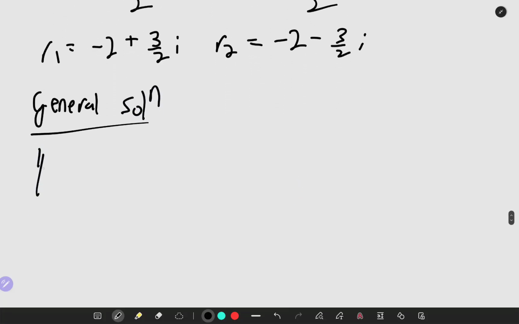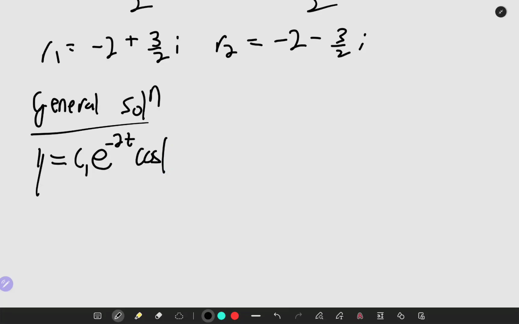we have y is equal to, negative 2, I'm sorry, C1 e to the negative 2t. That comes from the first one. And then for the inside of the cosine, remember, start with cosine.